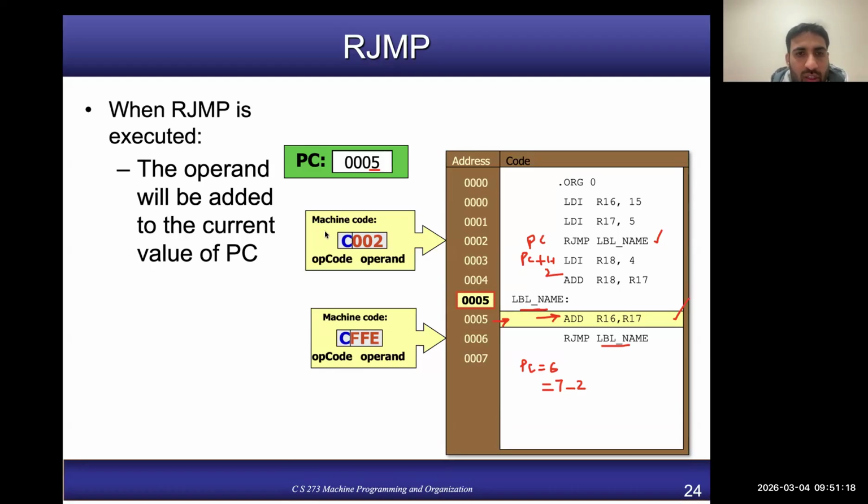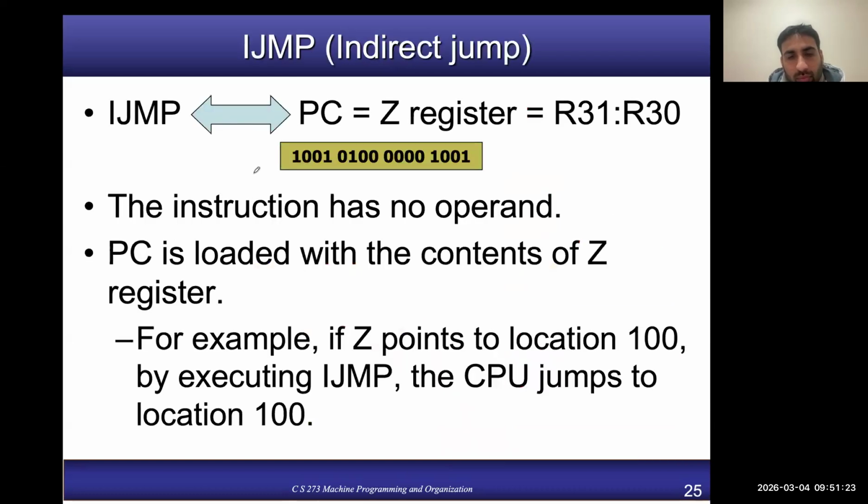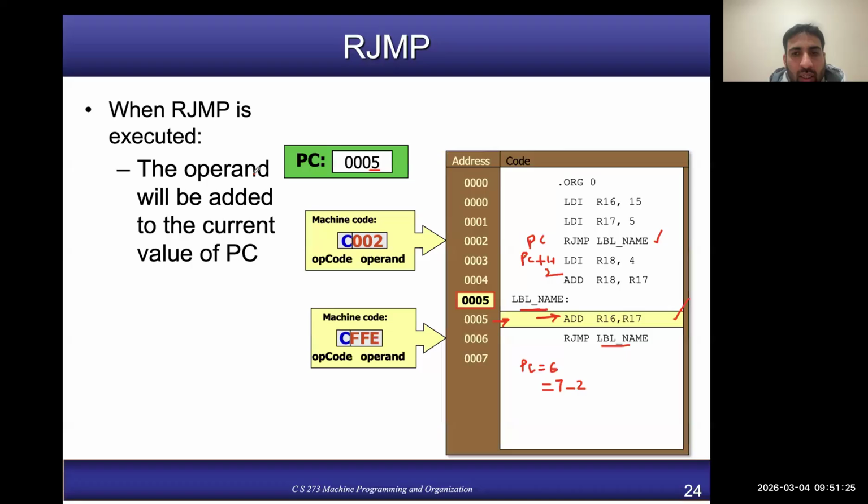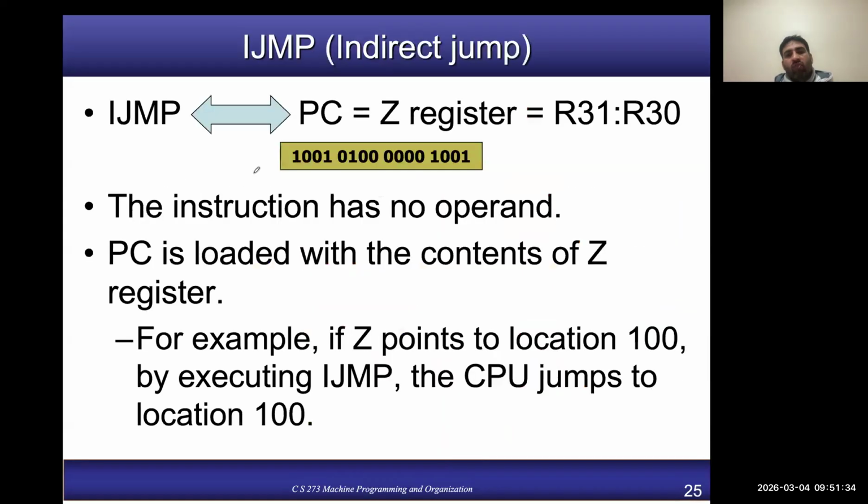Is it forward or backward in the program? But in real life, the hardware does it on its own. You are not supposed to find the displacement. That is only to improve your understanding of how things work.